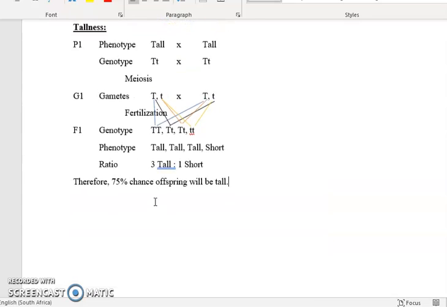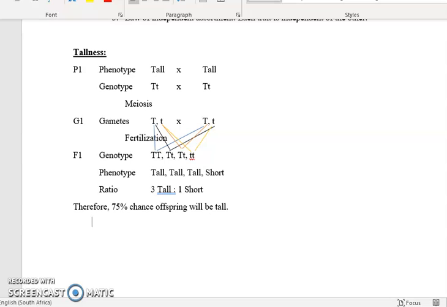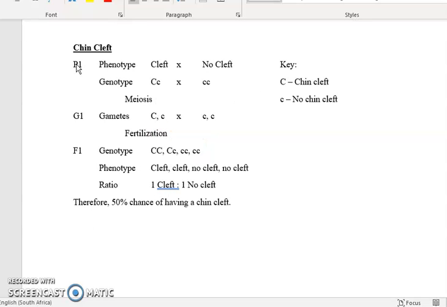So we're going to do our diagram for chin clefts. Okay, so like previously, we start with our P1 phenotype, which is cleft and no cleft. Like I said, you will be given the phenotypes as well as the genotype of the organism. So we proceed to writing out our genotypes, which in this case was heterozygous crossed with homozygous recessive.